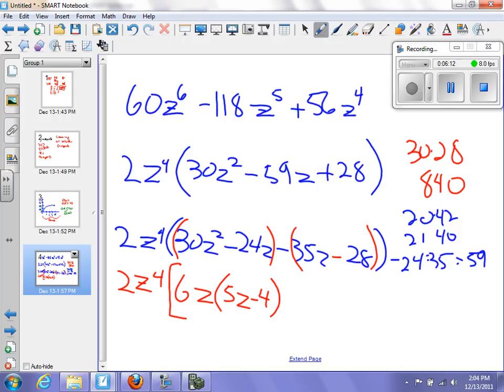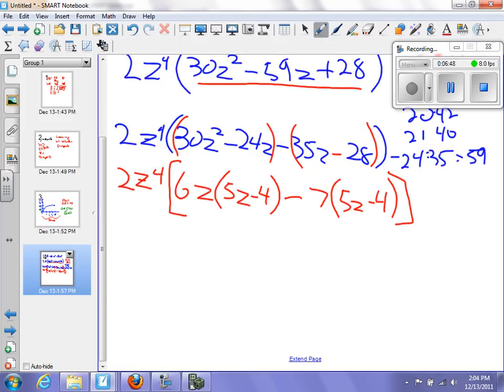Can everybody see that? And then minus, and I'm going to take out a 7 from this. And what do you know? 5z minus 4. So I attacked this trinomial, turned it into two binomials which I could then factor, and I'm going to wind up with this really nice expression, to which I'm going to apply the distributive property.